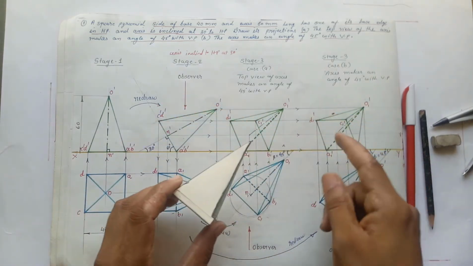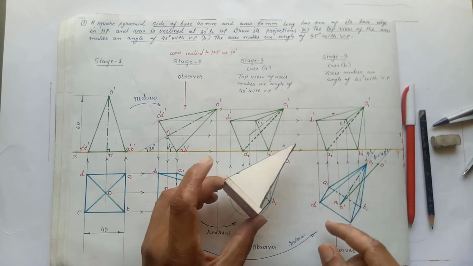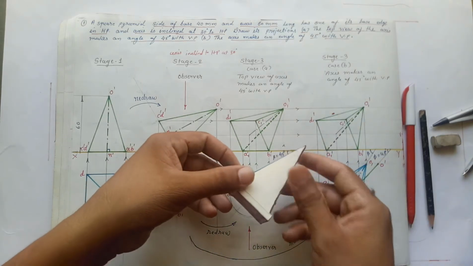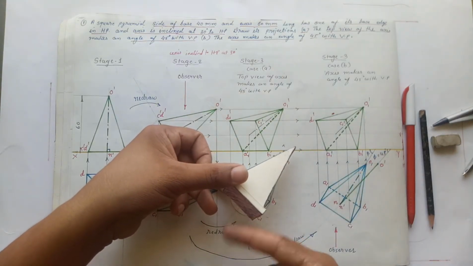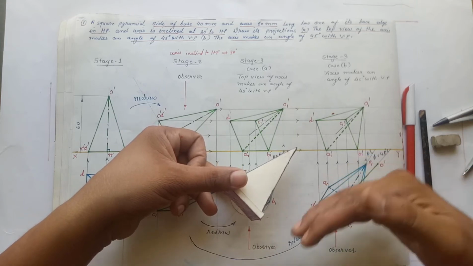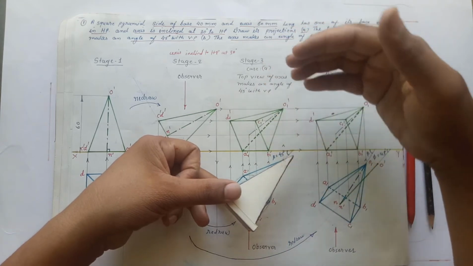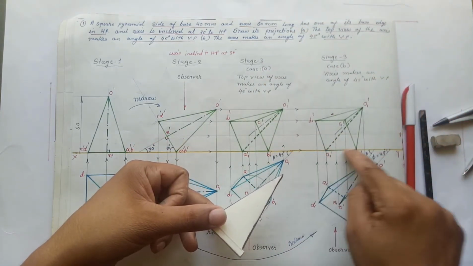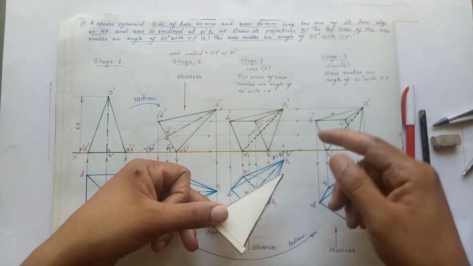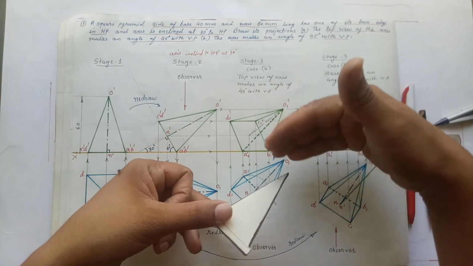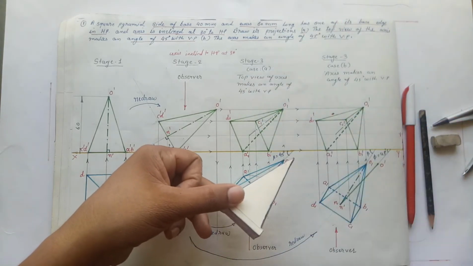Now right now the position is like this, so we can say that if here is the observer, the base is nearer to the observer, apex is away from the observer. And from the vertical plane side, if we consider XY as a vertical plane, the apex point is nearer to VP, base is away from VP.